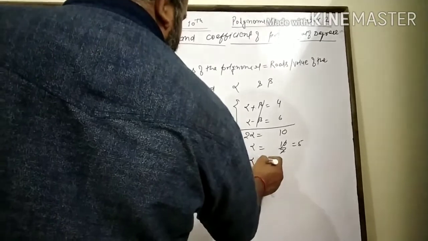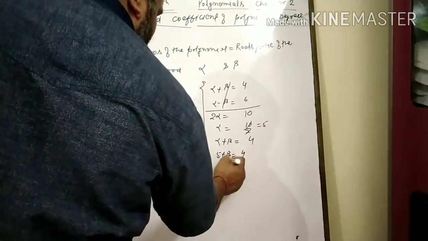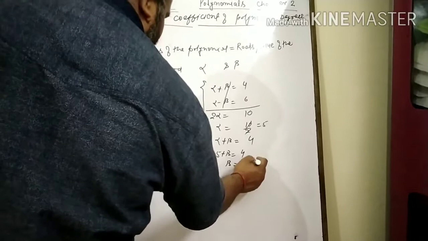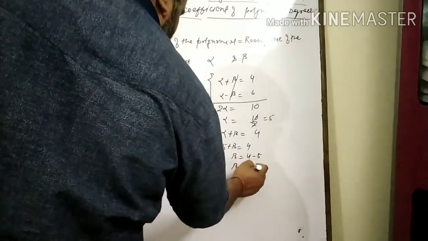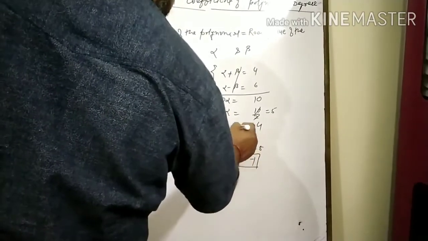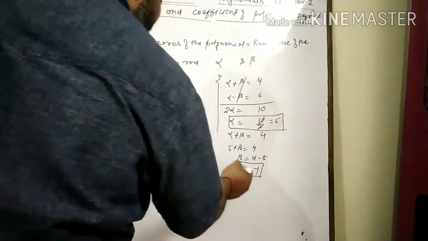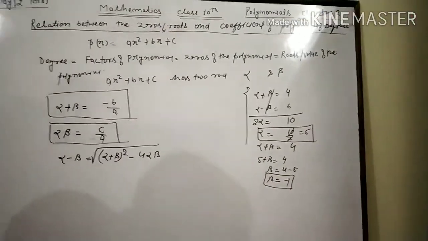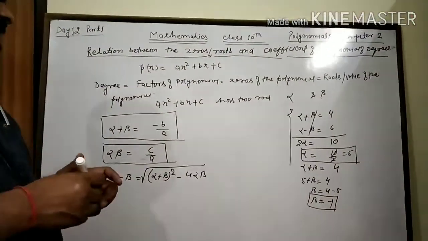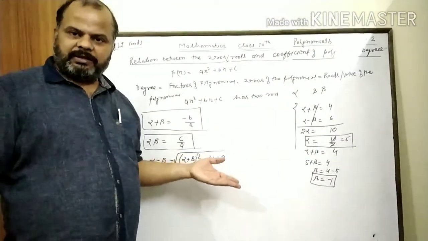And alpha plus beta is equal to 4, so 5 plus beta is equal to 4, beta is equal to 4 minus 5, beta is equal to minus 1. Then alpha is equal to 5 and beta is equal to minus 1. In this way you can find the roots of the polynomial also.